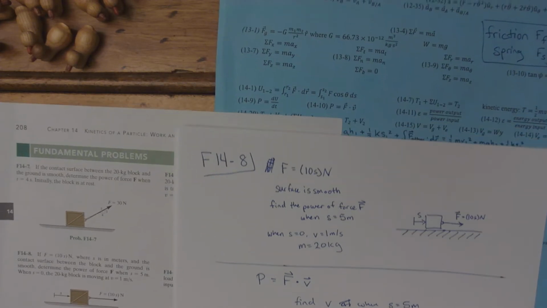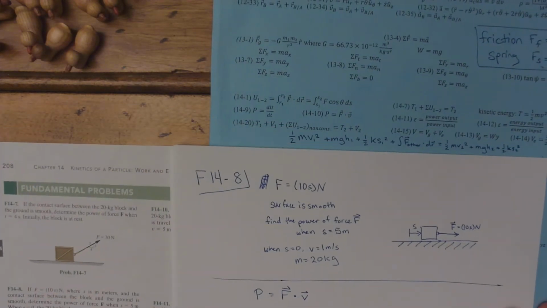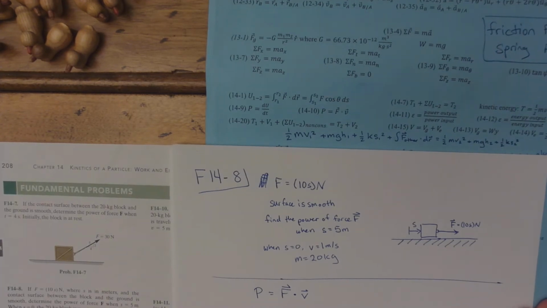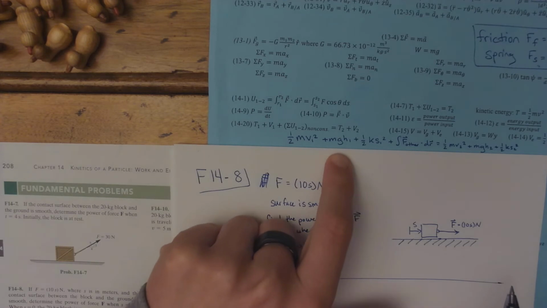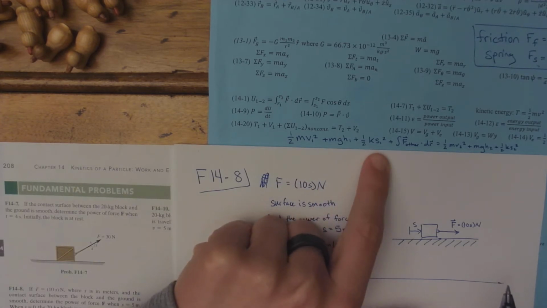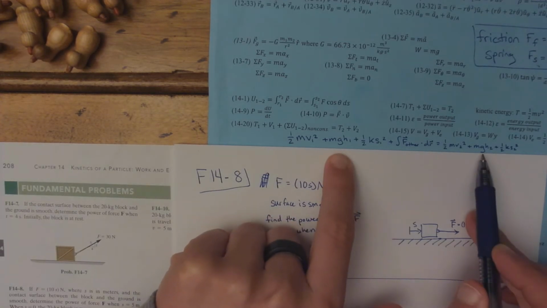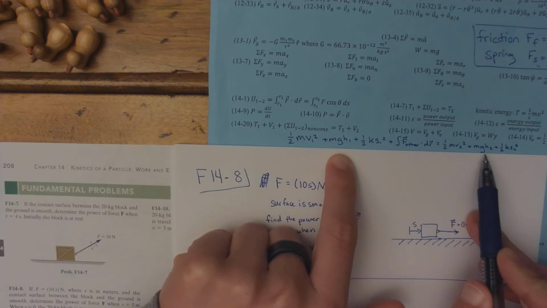So in order to do this, I'm going to use the work-energy relationship that I have here, but in this case, the height of the box is not changing, so we can ignore mgh1 and mgh2 since mgh2 minus mgh1 just gives us 0.